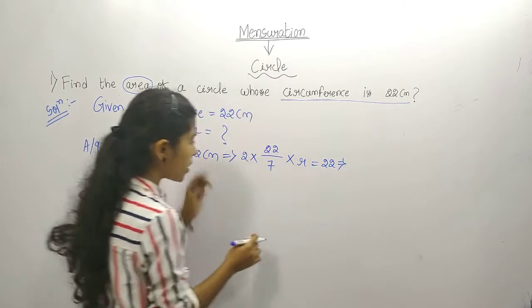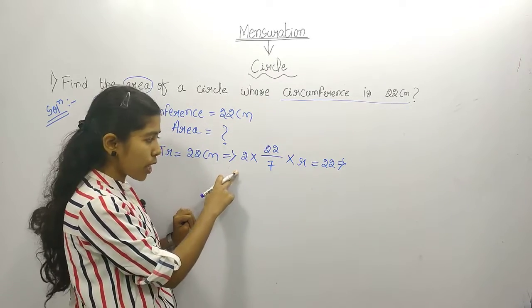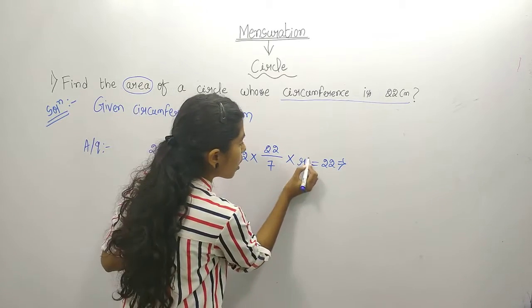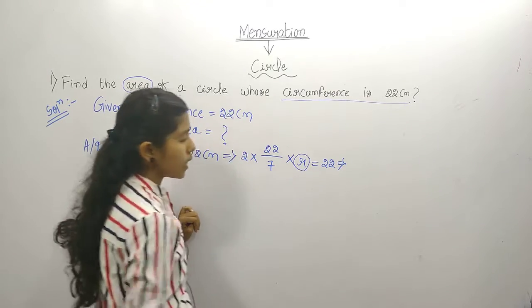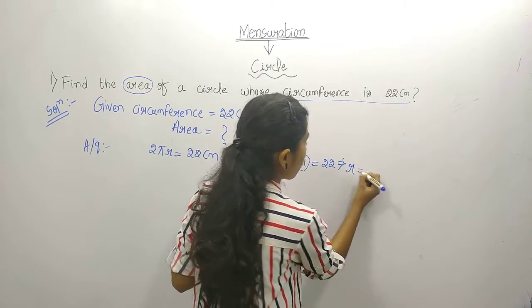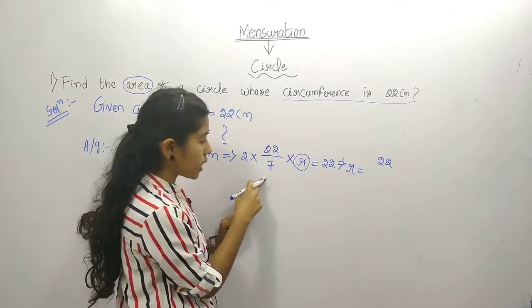That implies the numerals here are 2 and 22 by 7, which are constants. So here your problem is the radius. You have to bring the radius first. So r equals what? 7 is in divided form.